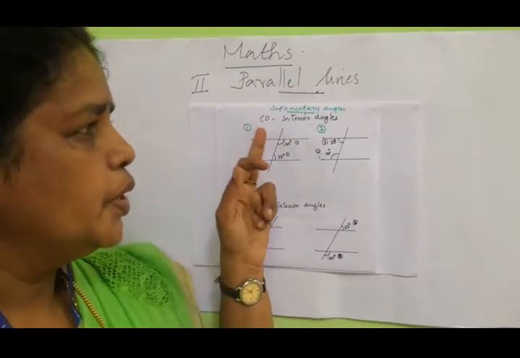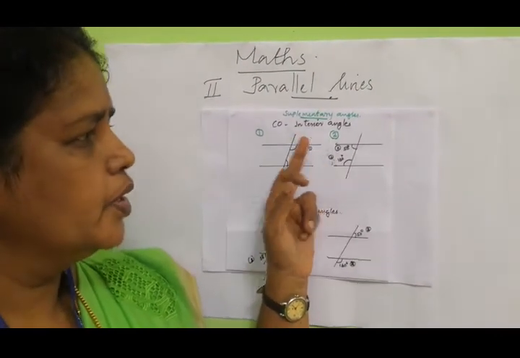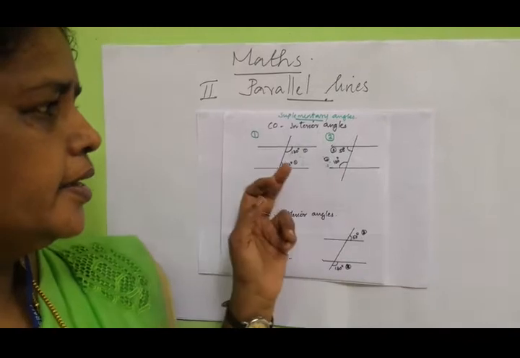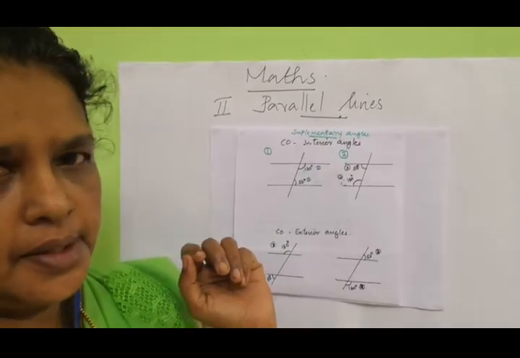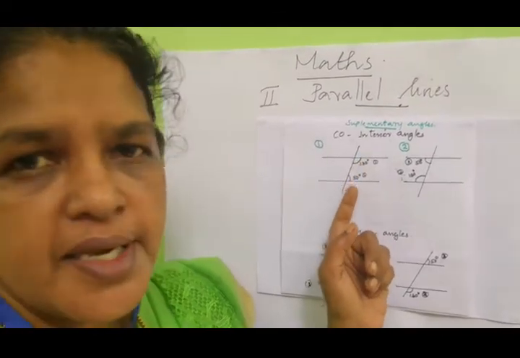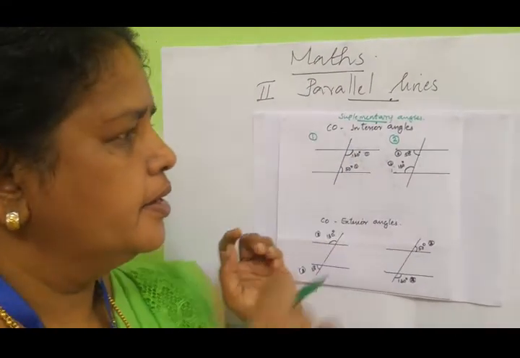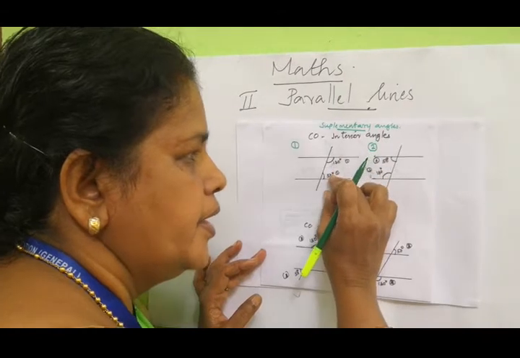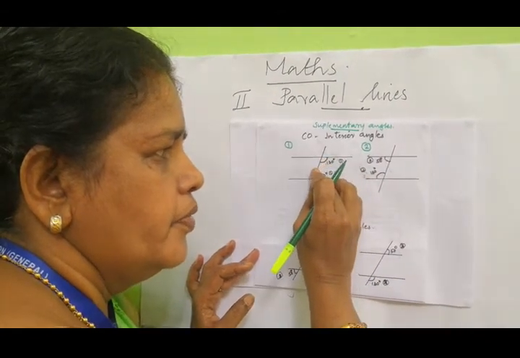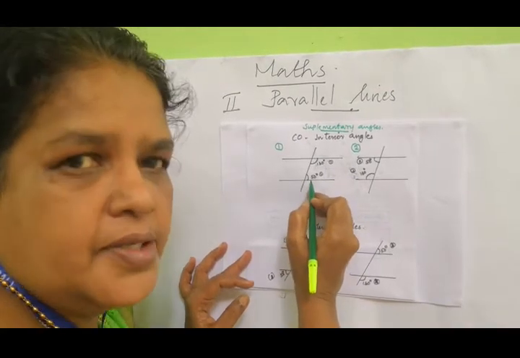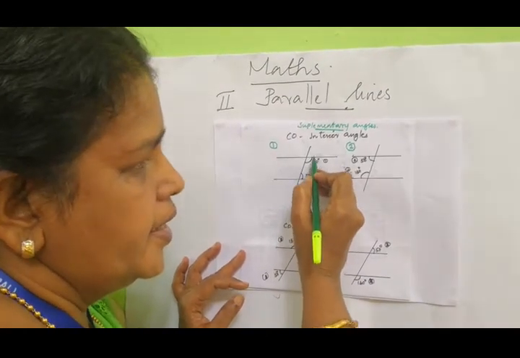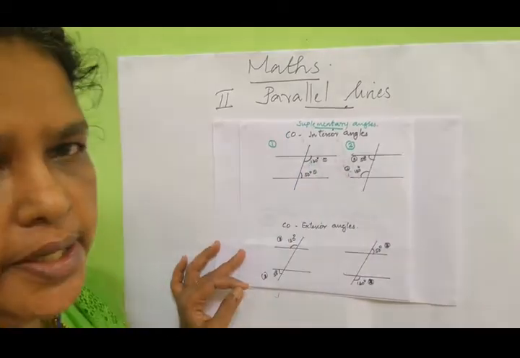Supplementary angles. Co-interior angles. Here there are two pairs of co-interior angles. Co-interior means inside the parallel lines. Here inside the parallel lines there is one pair of angles. This angle is 50 degree, another angle is 130 degree.